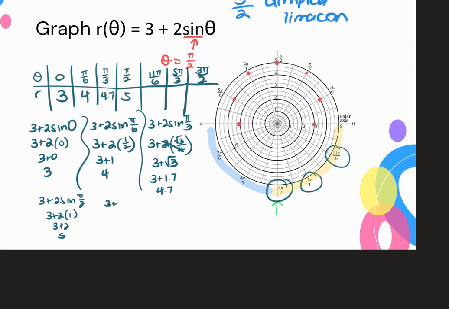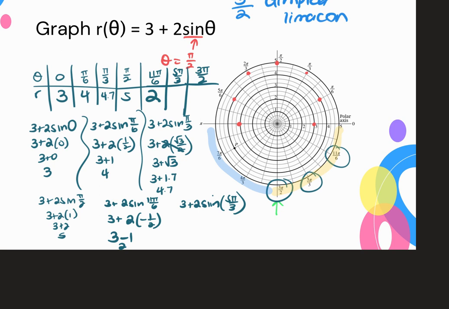So 3 plus 2 sine 11 pi over 6. What's the sine at 11 pi over 6? Good. And I get 3 minus 1, which is 2. Then I'm going to plug in 5 pi over 3. 3 plus 2 sine 5 pi over 3.